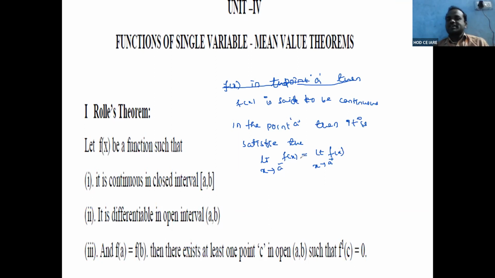It is called a continuous function, they are satisfying this condition. f of x is said to be a continuous function at the point a, then it satisfies limit x tends to a minus f of x is equal to limit x tends to a plus f of x, which is called a continuous function.